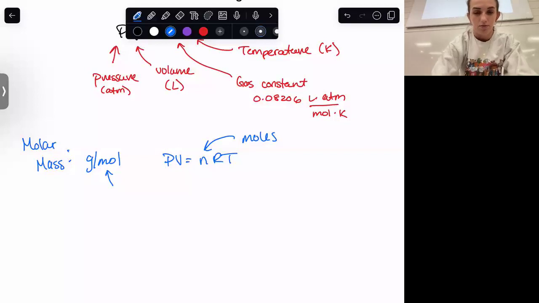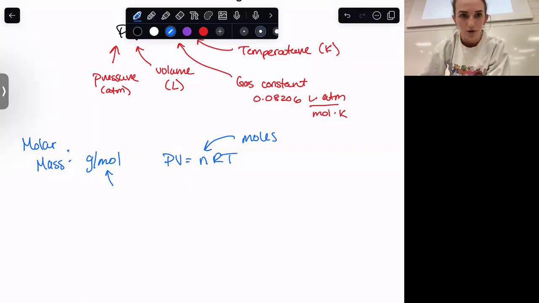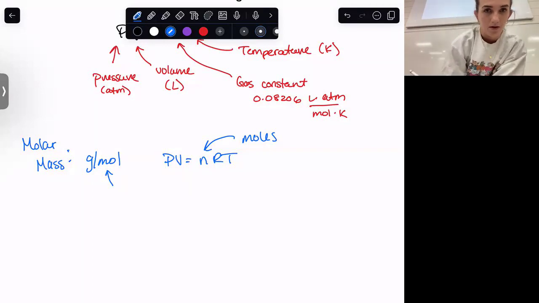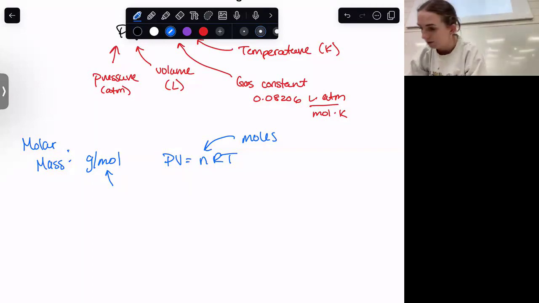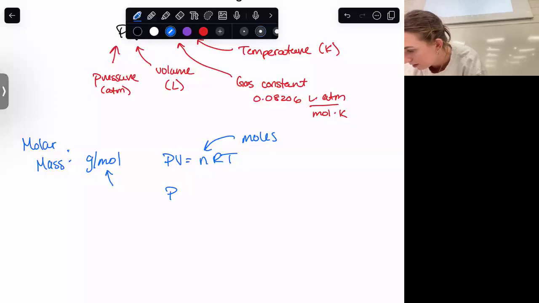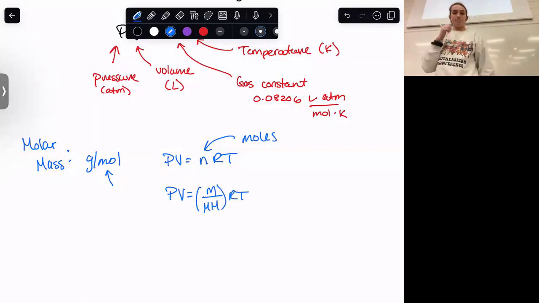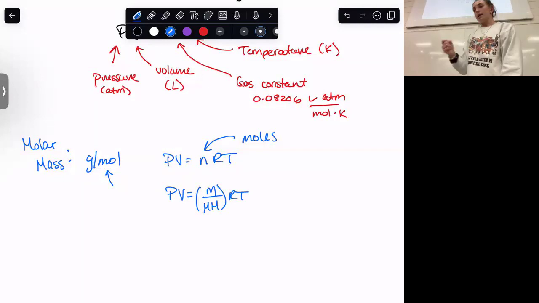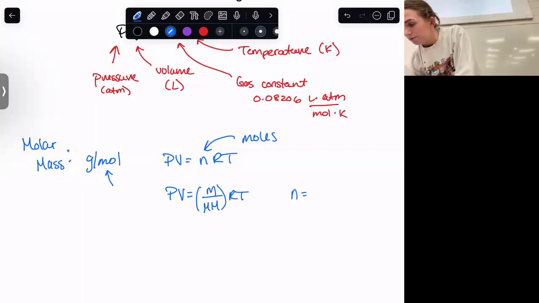So it turns into PV is equal to the mass over the molar mass times RT, because n is moles.